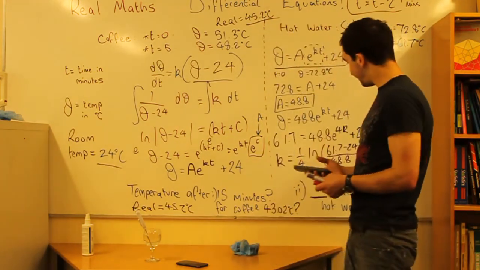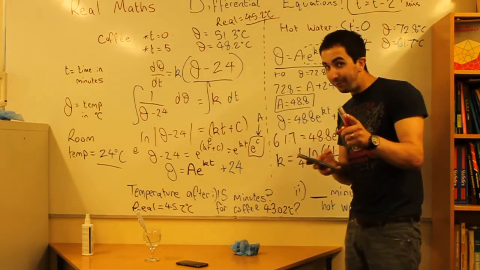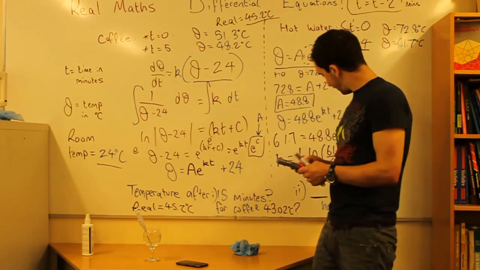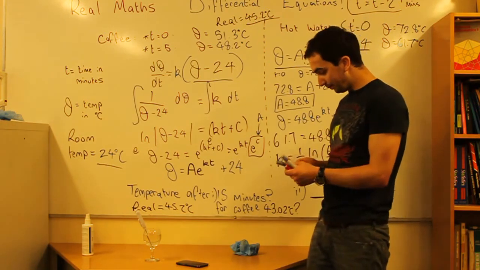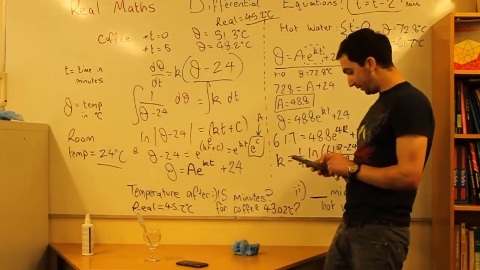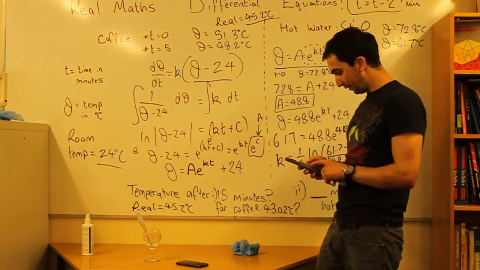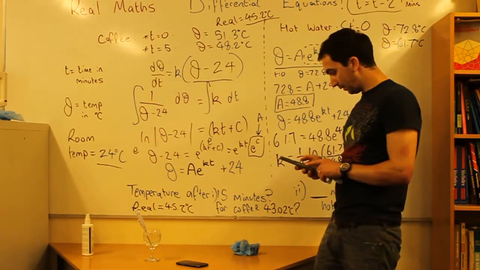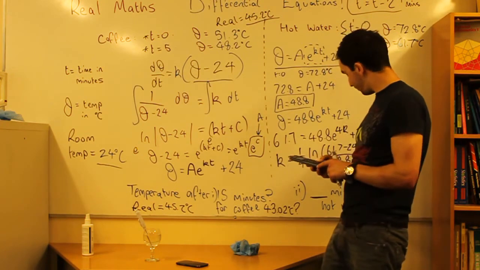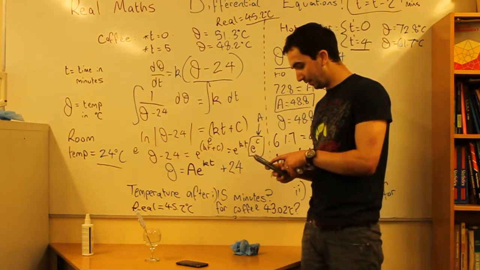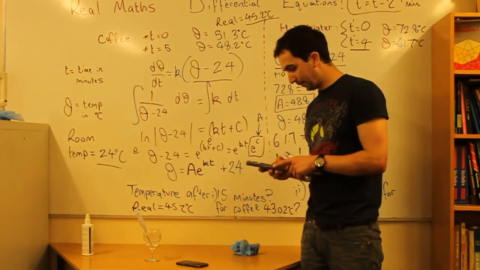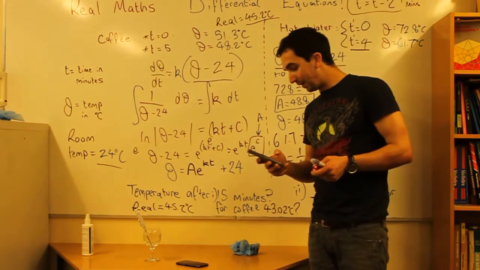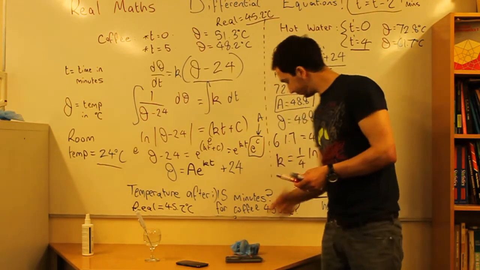So on your calculator, 0.25 if you want it as a decimal, 0.25 times ln of (61.7 take away 24) over 48.8, and we get minus 0.645.